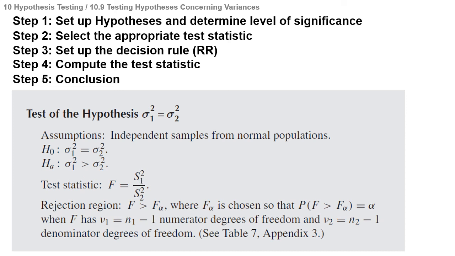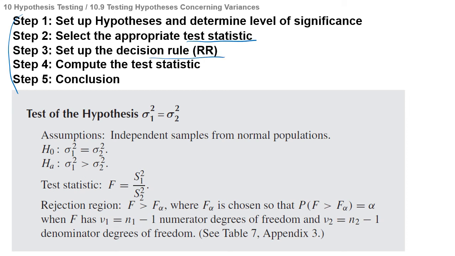The steps for testing sigma square 1 equal to sigma square 2 are actually very similar to before, and you can just follow the steps. The only difference is the test statistic and the decision rule.